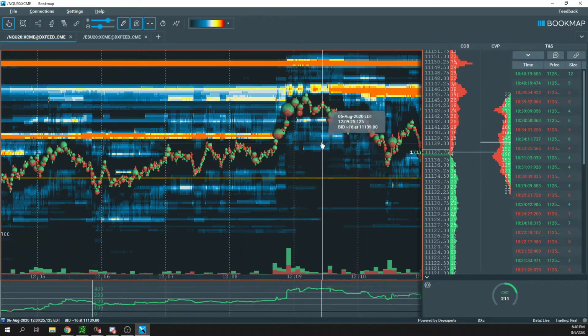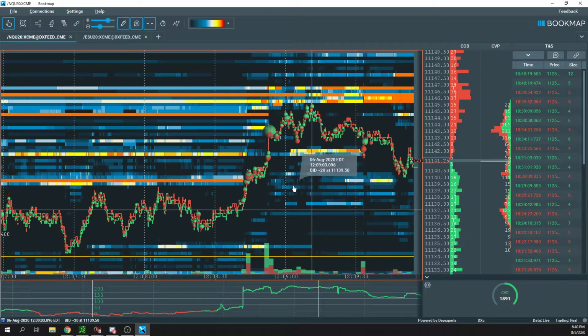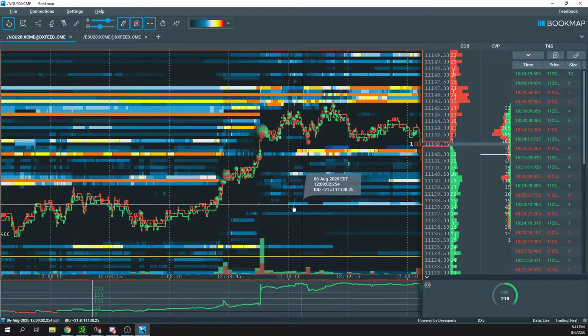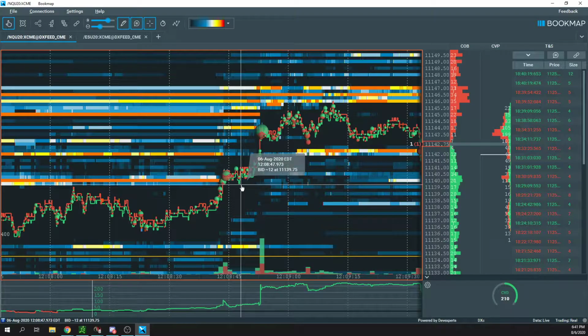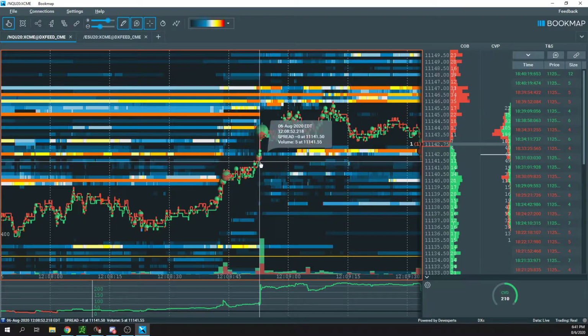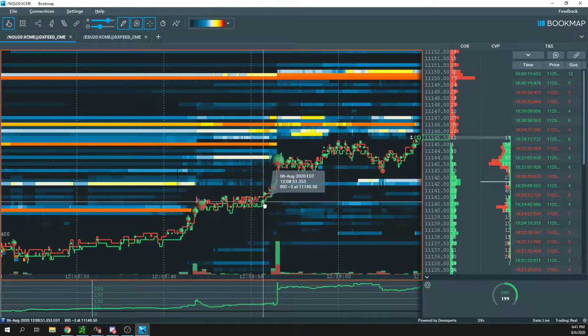A very aggressive buyer stepped in and swept the market, meaning they bought 391 contracts at the market. Somebody just said, I want to get in at this price, I will pay it. And they took all of these orders on the sell side, the buyer just took them all. He just bought them up.